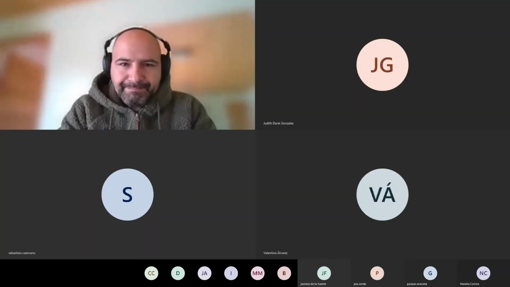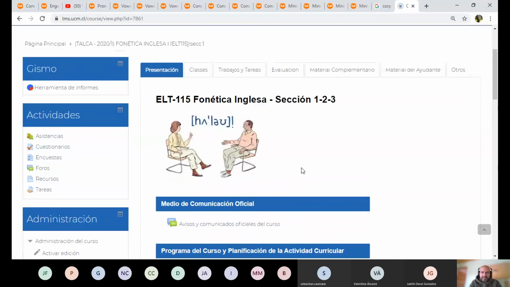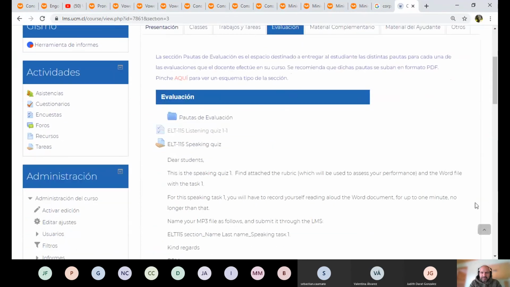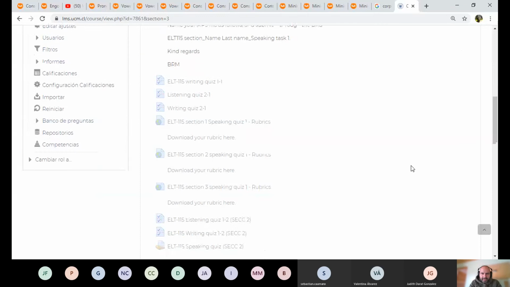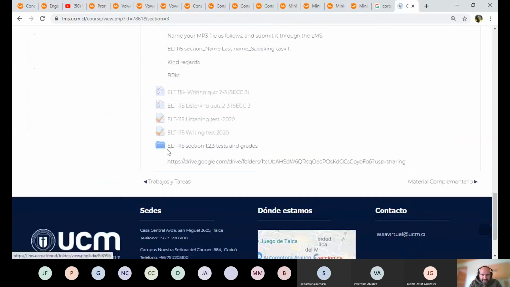Okay. In the LMS, in the section called Evaluación. I'm here in the LMS in ELT115, Evaluación. And if you go to Evaluación, at the very bottom, you will see this folder called ELT115 section.